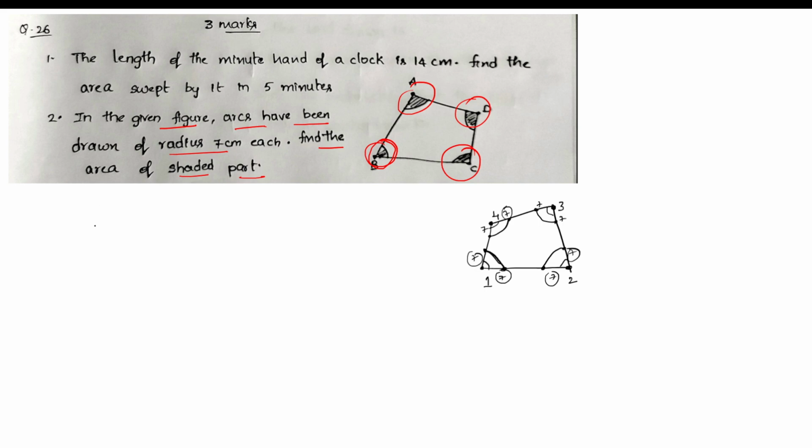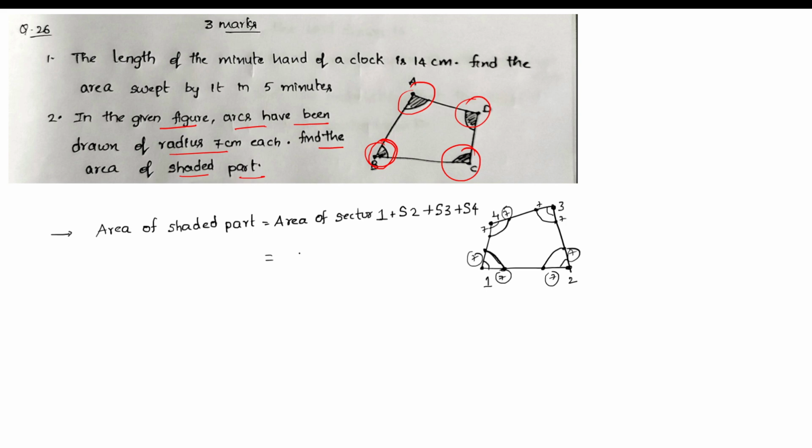So the area of the shaded part is equal to the area of sector 1 plus sector 2 plus sector 3 plus sector 4, right? Since we don't know the angle in sector 1, let it be theta 1.